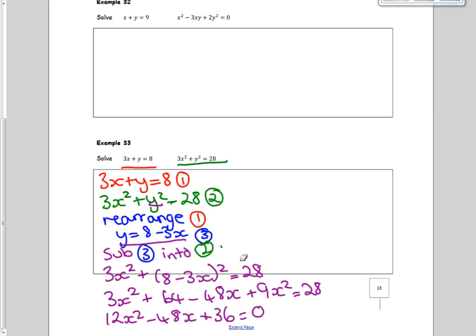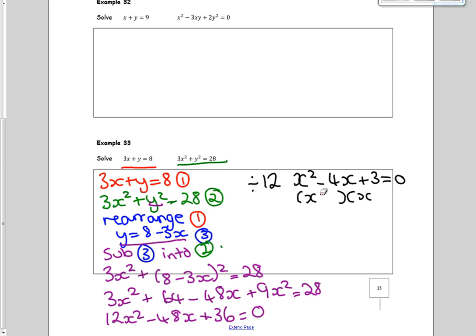So all of these terms divide by 12, so I'm going to divide it through by 12, which will give me x squared minus 4x plus 3 equals 0. And now I'm going to factorize this.